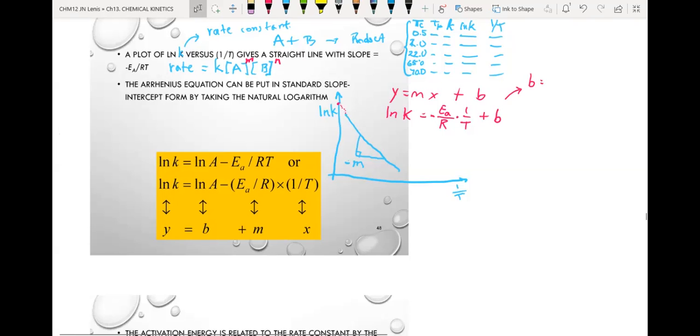In this case, it's going to be natural log of K at time 0. And that's going to be a constant for that experiment. And then we are going to replace that constant by A.